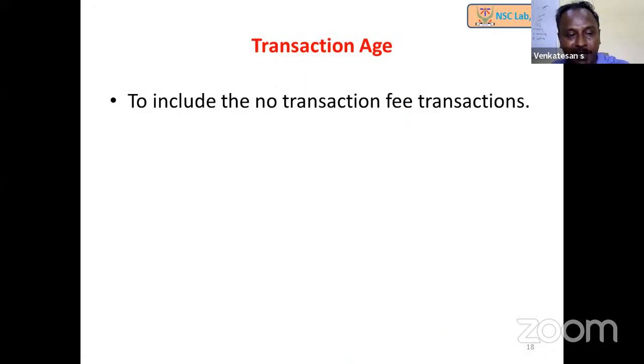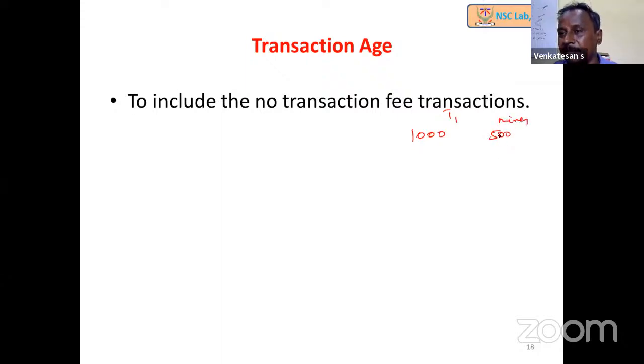And next is the transaction age, which will help in committing transactions which are not giving a transaction fee or giving a low transaction fee. Let's say there are thousands of transactions at time T1. Now, a miner can take only 500 transactions.